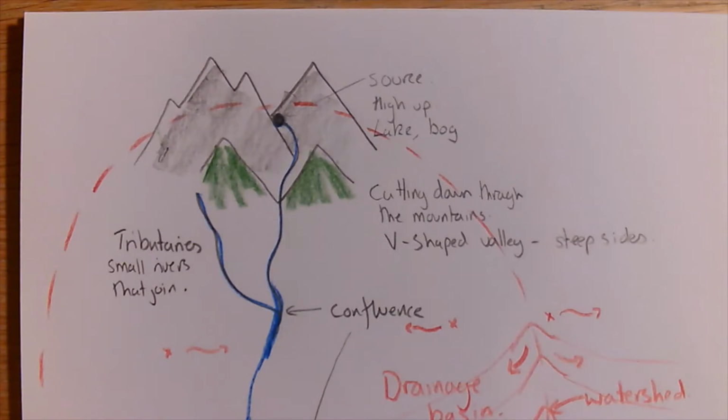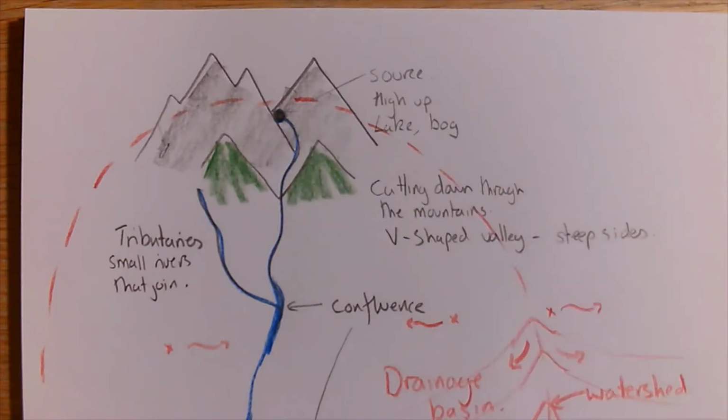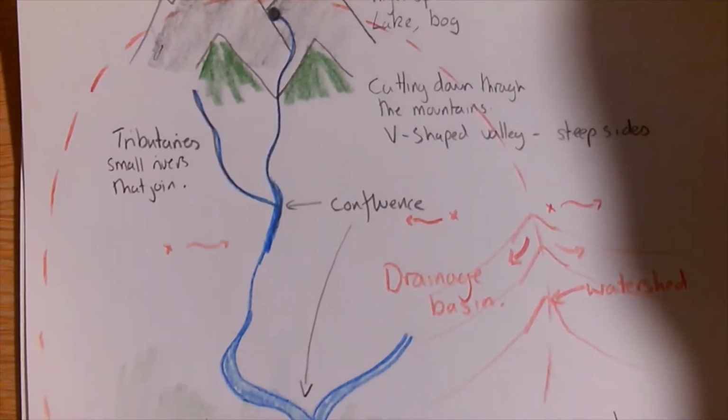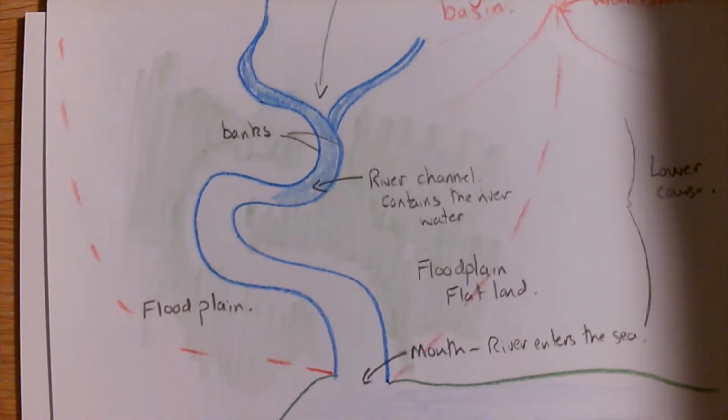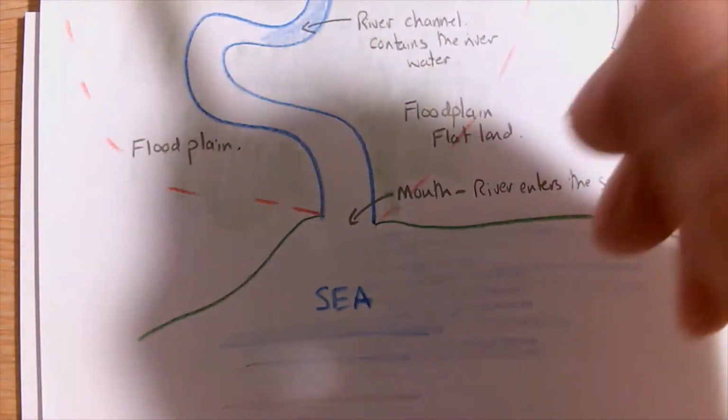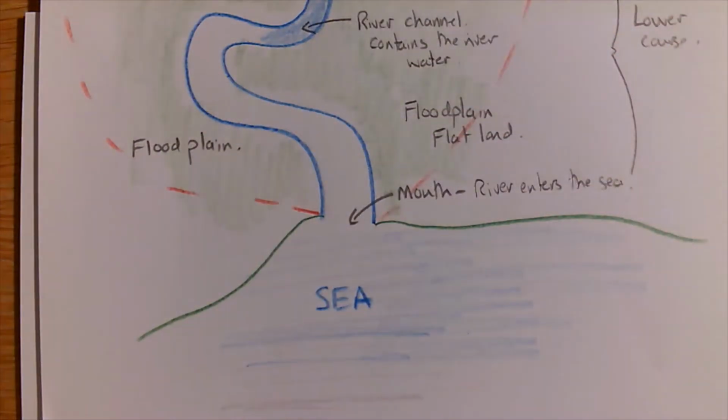Hello. In this video we're going to look at how a river starts off its life high in the mountains before working its way down through the landscape and eventually entering the sea.